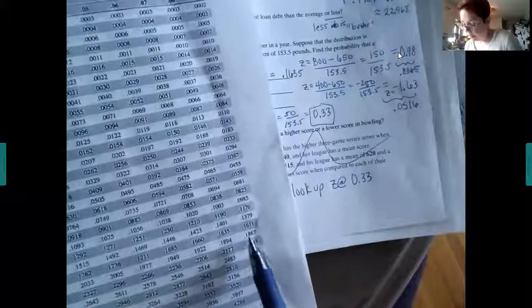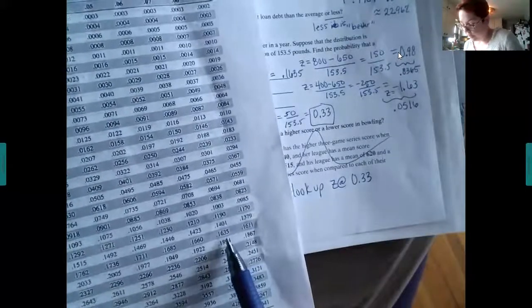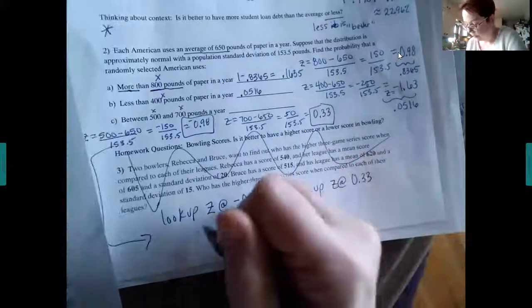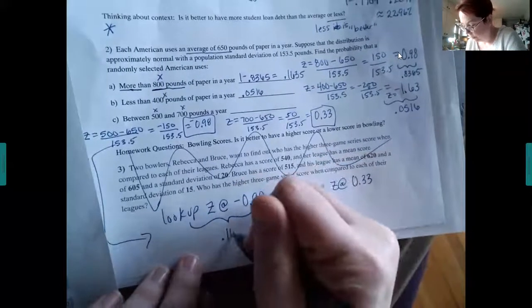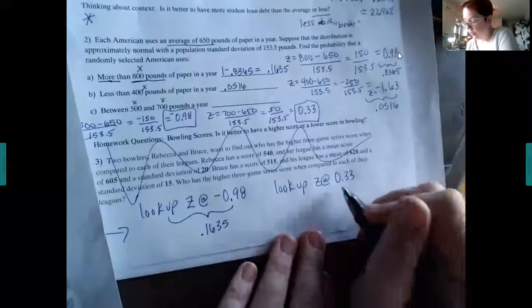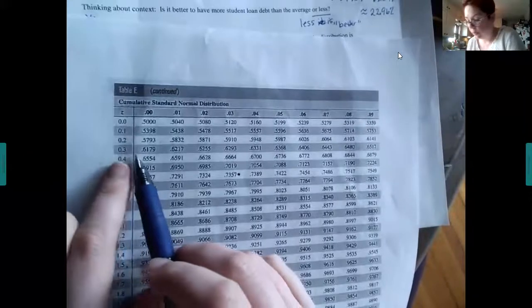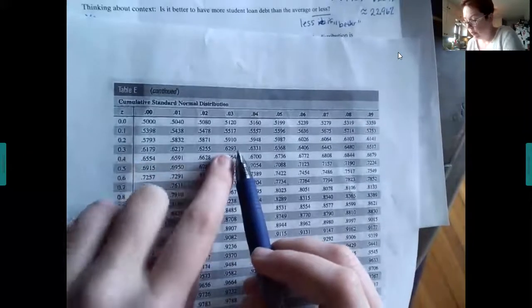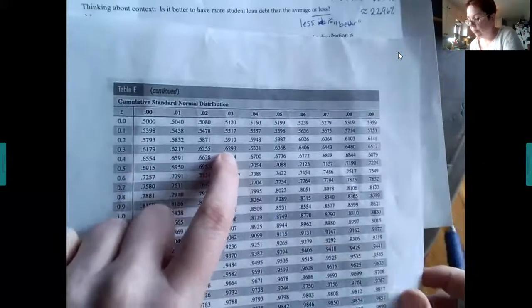All right, 0.98. We have 0.1635. Look up 0.33. 0.6293.